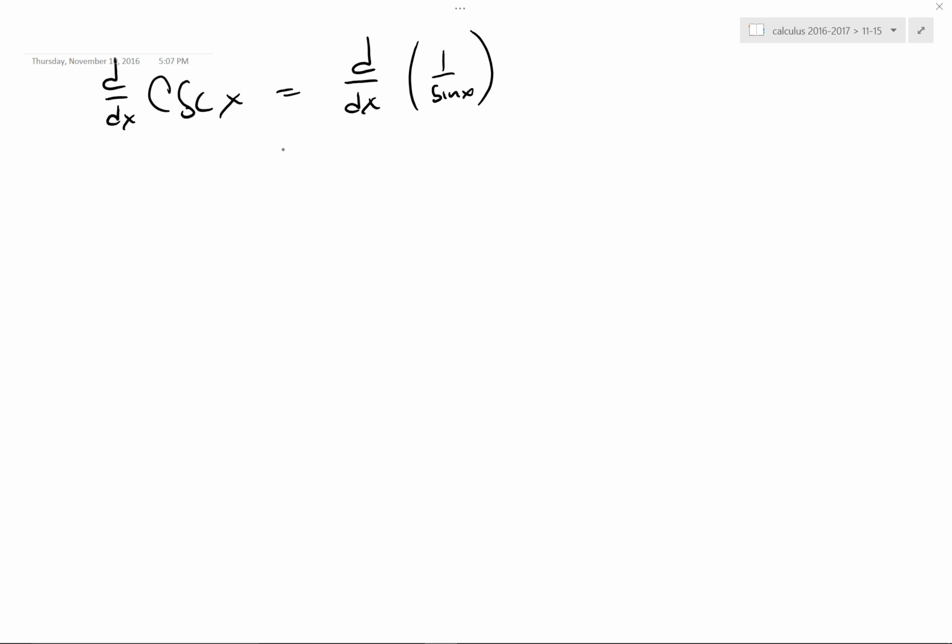Now, what's the derivative of the numerator? Well, it's 0 times the bottom minus the top times the derivative of the bottom, over the bottom squared. So that is negative cosine over sine.